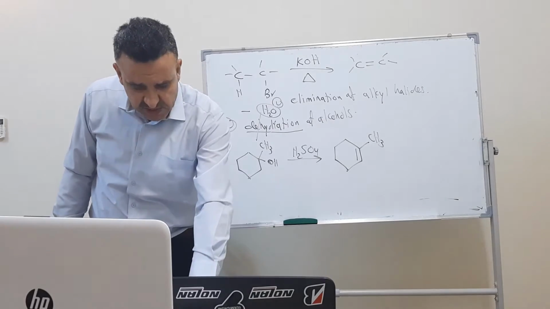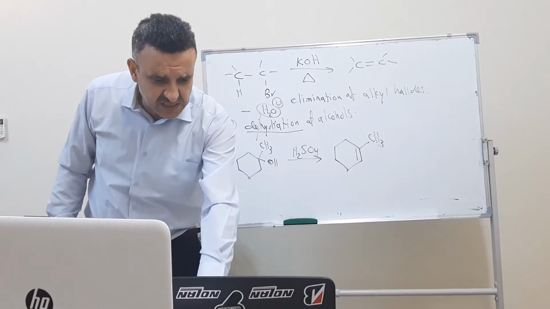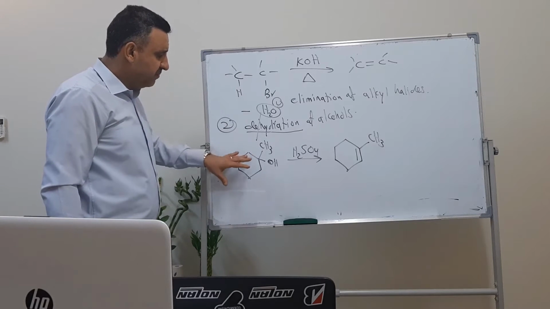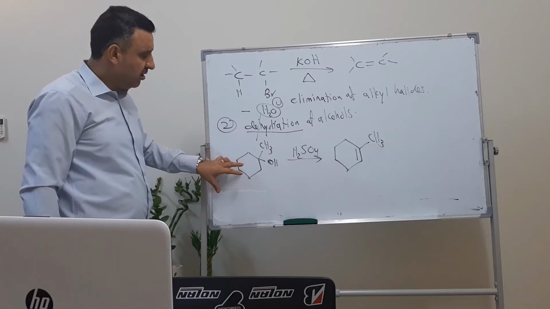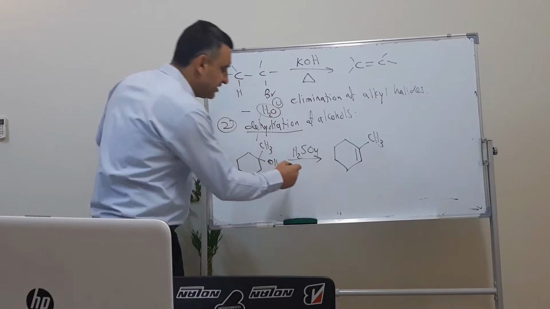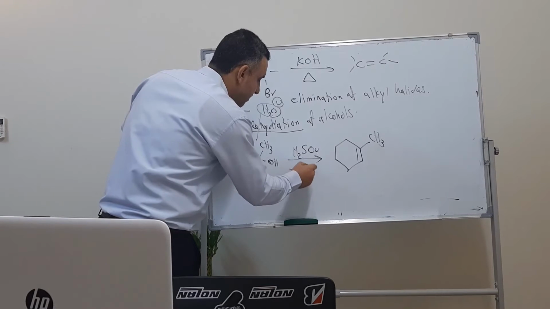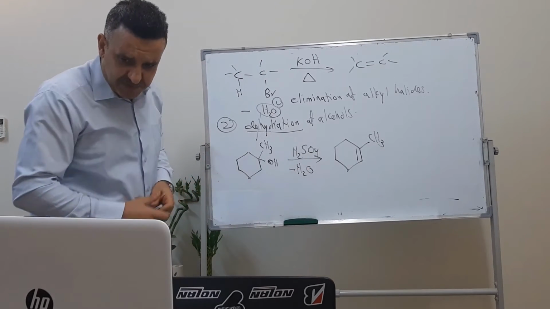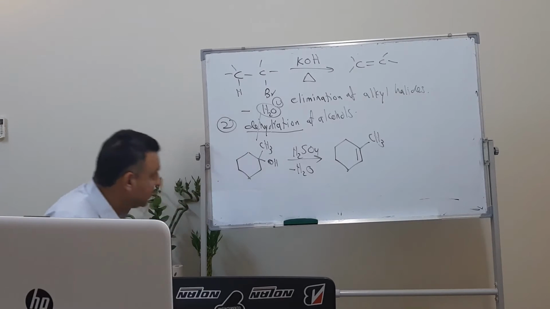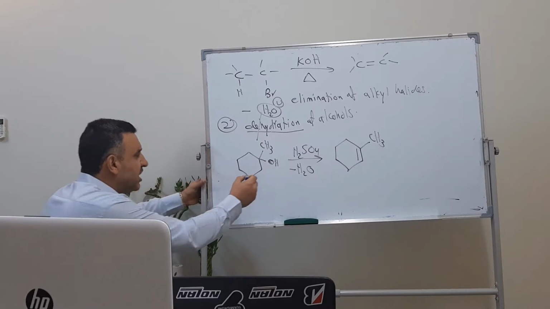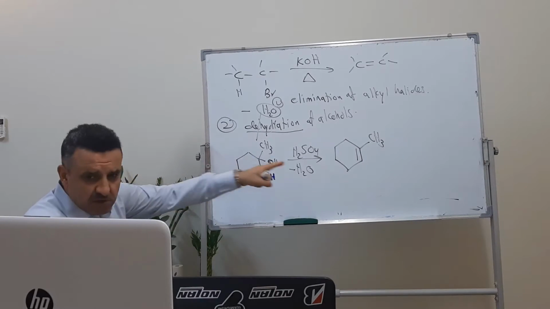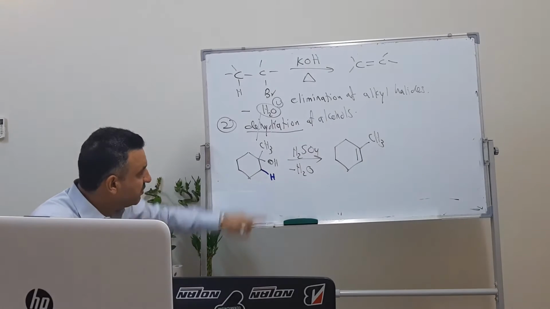Now, in this case, we do have different possibilities for the dehydration, because it is minus H2O, and it is obvious that the OH will be removed, but there is a hydrogen too. Which hydrogen has been removed? As you can see, this hydrogen has been removed to form that product. But what about this hydrogen?